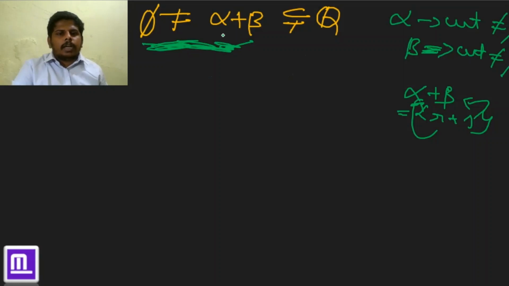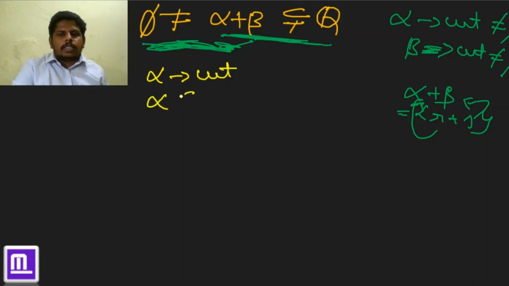Coming to this part, how to prove this? Let us note what things we know right now, as those will help us. We know alpha is a cut, so alpha is a proper subset of the rational numbers.